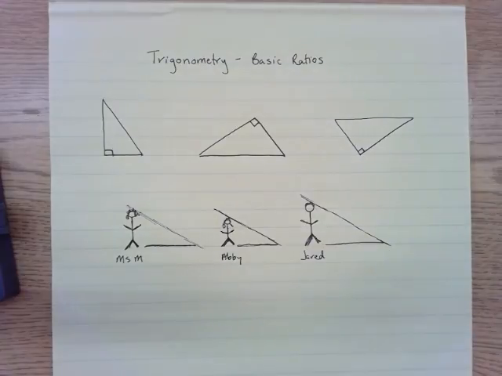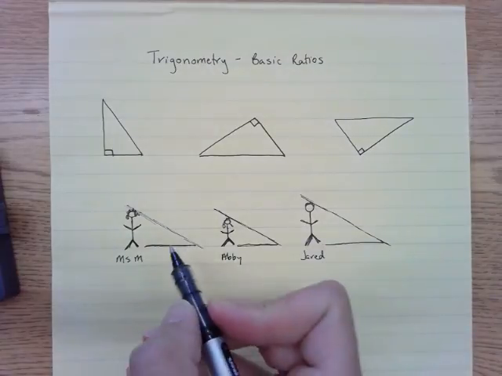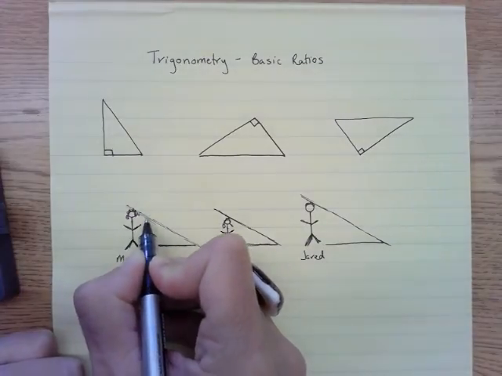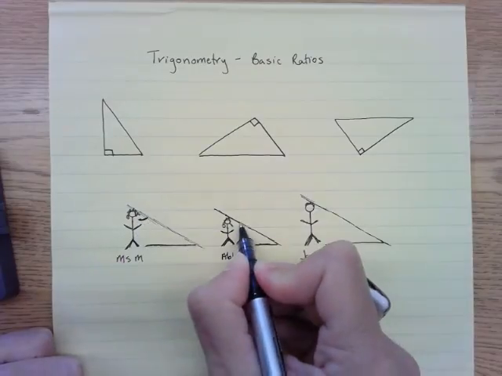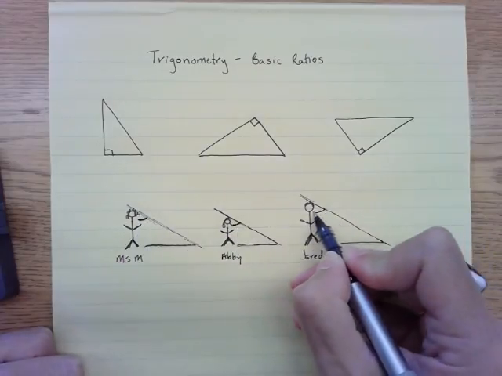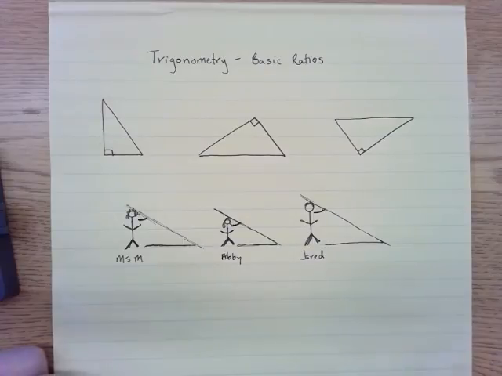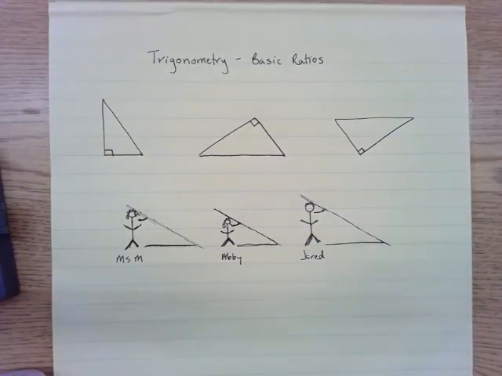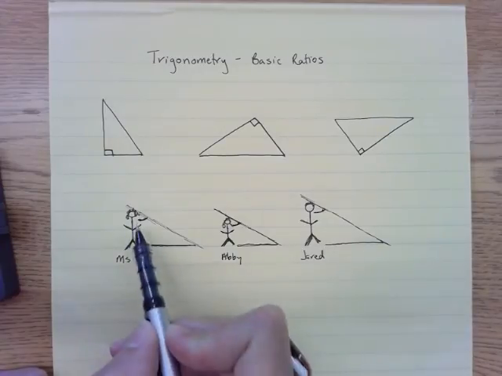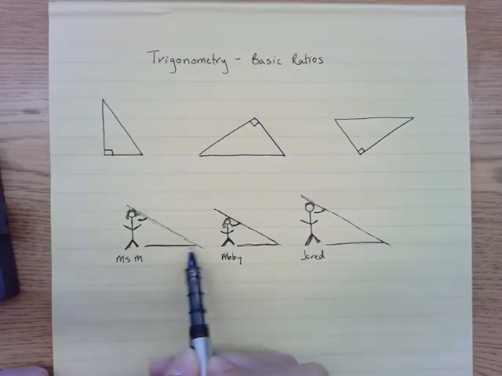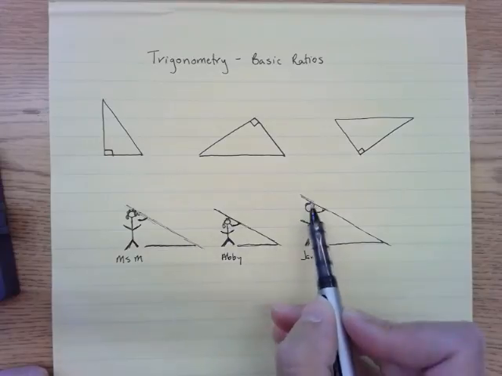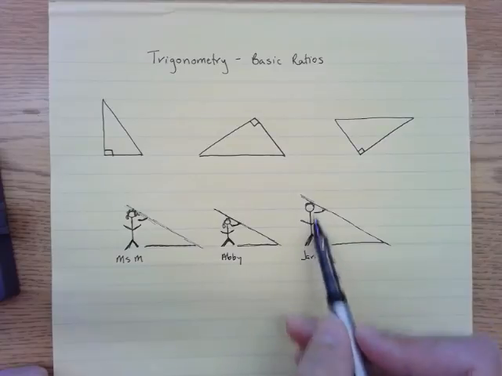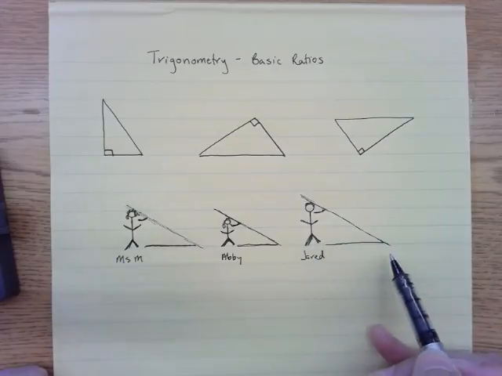So when we realize this, all of these angles, this angle from me to the sun, Abby to the sun, and Jared to the sun, they're all the exact same angles, but when you look at the triangles, they're all different sizes. But what we want to understand is that the ratio of the height of the person to the shadow is going to be the same, no matter how big or tall or short the person is.